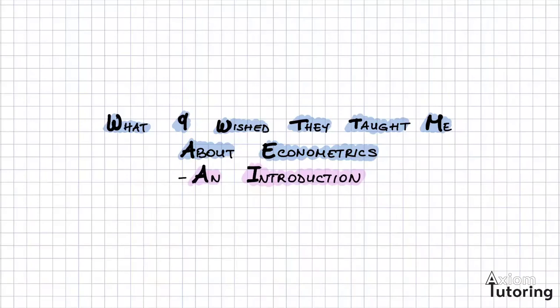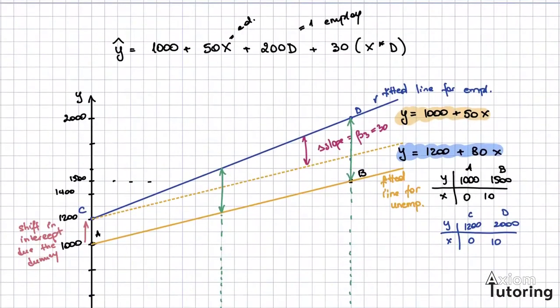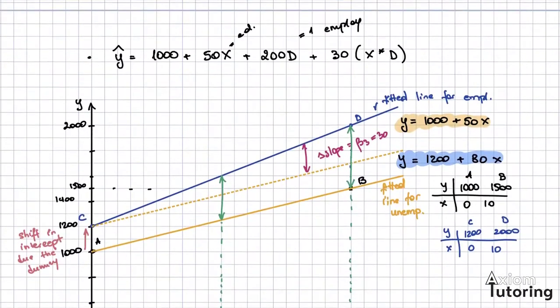For this, we're going to use the same worked example that we had for the dummy times continuous visualization case. In that exercise, we had the estimated model y equals 1000 + 50x + 200d + 30x times d, x being the continuous variable, years of education, and d being a dummy, whether you were employed or not.